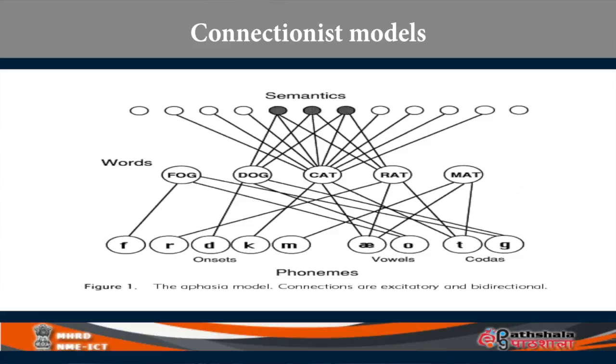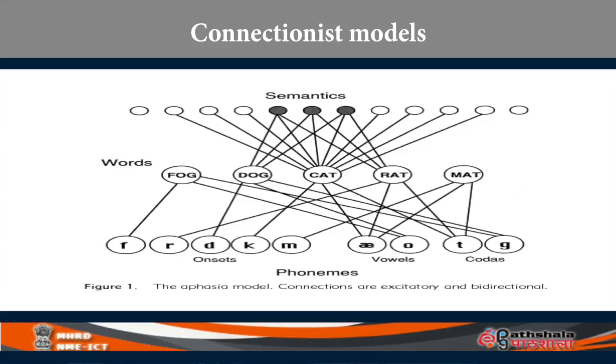As the lines show, the bottom subsyllabic representations are connected to word representations, and words are connected to higher level representations. The only thing that connectionist models say is that some connections are excitatory, some are inhibitory.